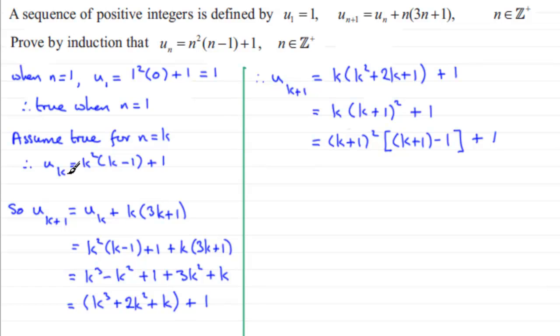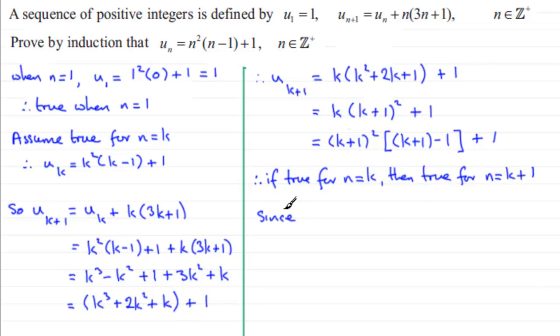So hopefully now we can see that it is true for n equals k + 1 on the basis that it is true for n equals k. So we'll write that in here: therefore, if true for n equals k, then true for n equals k + 1. And we know that it's been proved true for n equals 1, which we did at the beginning.